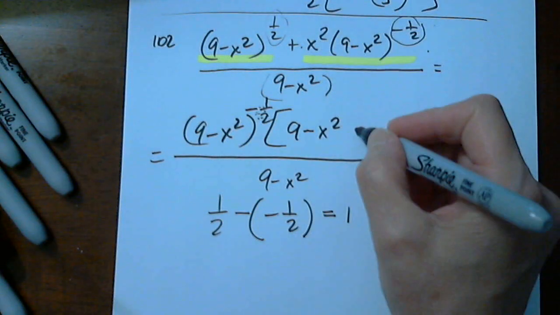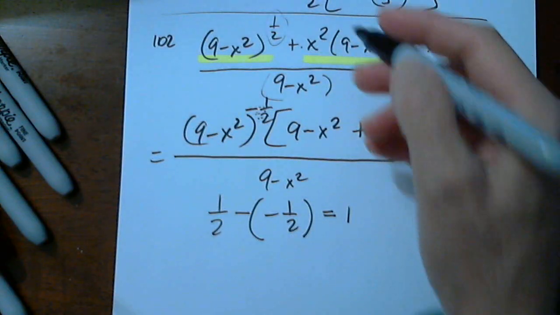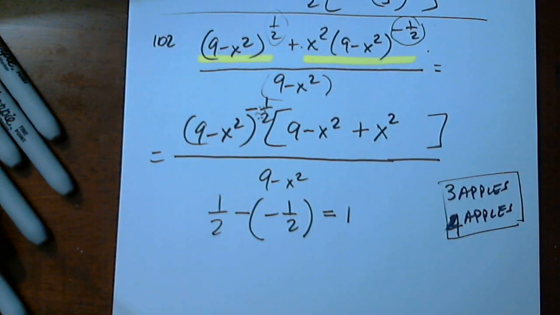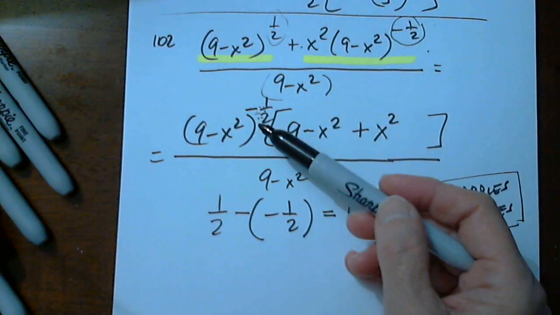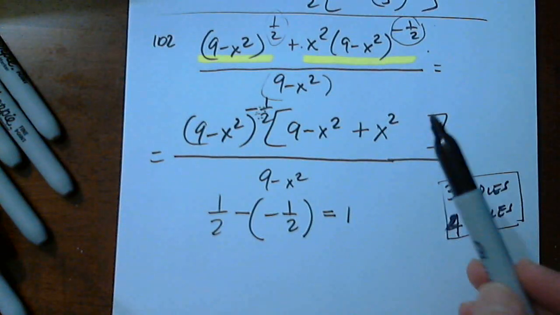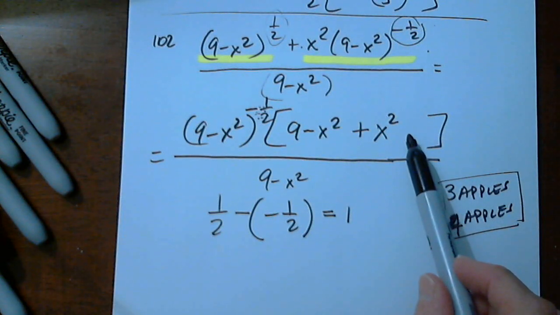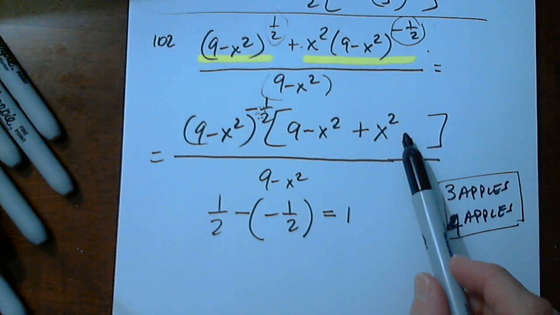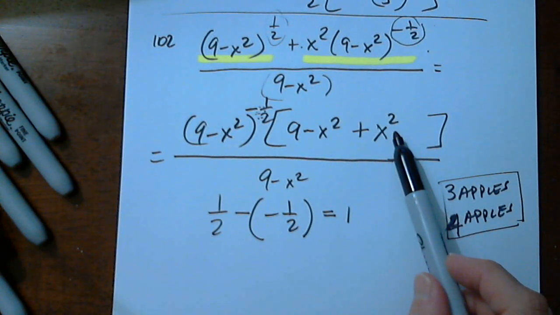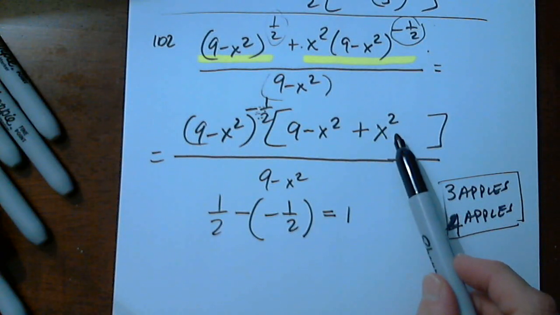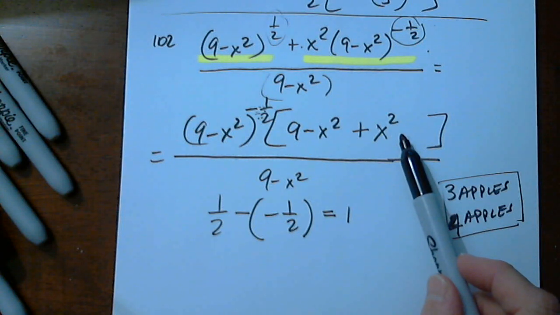I reached plus. I have to keep the x squared. But now, from power negative 1/2, I took out power negative 1/2. What is left inside? Anyone, please? 1.